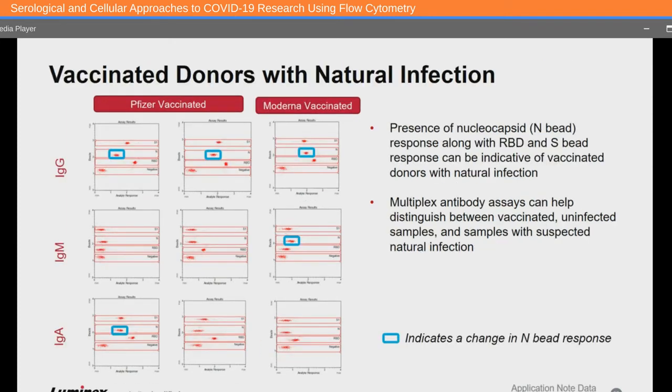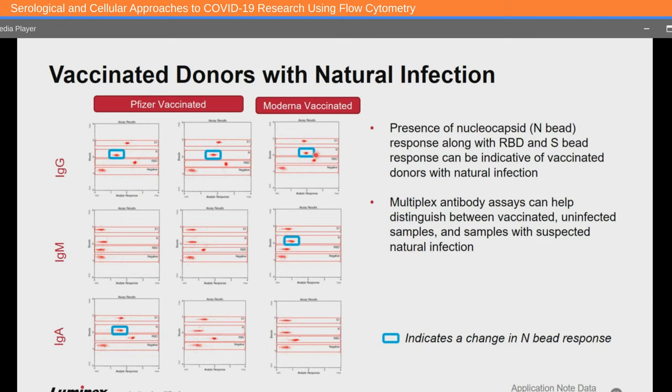The multiplex multi-antigen antibody assay can be very helpful in identifying donors that might have had previous infection. In the example plots here for the Pfizer vaccinated and Moderna vaccinated donors, in addition to the RBD and the S1 bead response we would have expected to see, we are also seeing a response of the N bead, indicating antibodies against the nucleocapsid protein are present in these samples.